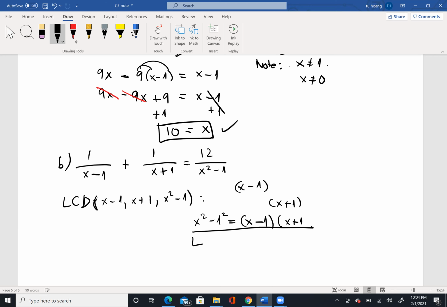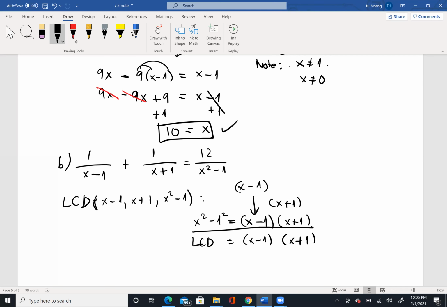So the LCD should be x minus 1 times x plus 1, or x squared minus 1. It's the same, but I just want to keep this factored.